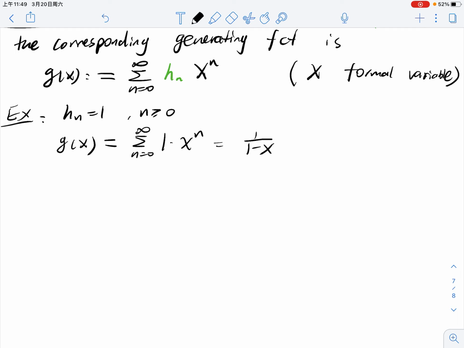That is, when this sequence is convergent, but in combinatorics, at least in our course, the convergence is not that important. You can always assume the absolute value of x is very small. Therefore, the sequence does converge.